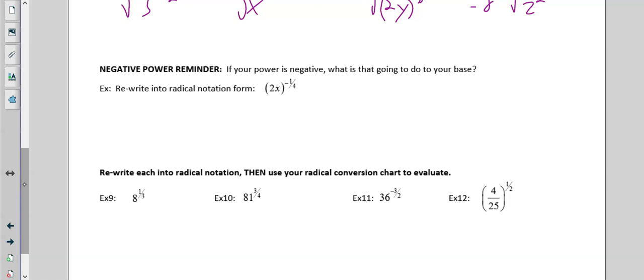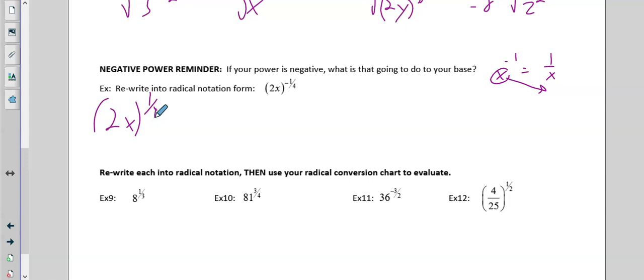Right, negative power reminder. If your power is negative, what is it going to do to your base? Okay, so think about it. X to the -1 is the same thing as 1 over x. So this entire x goes downstairs to the basement. So 2x to the -1/4. Well, let's step back and do 2x to the 1/4.